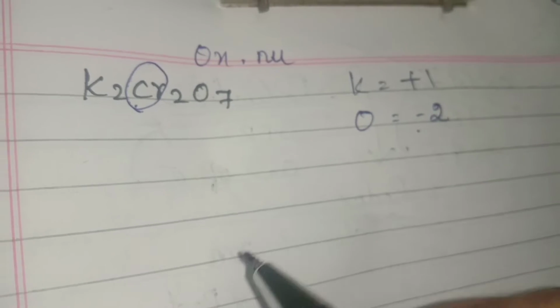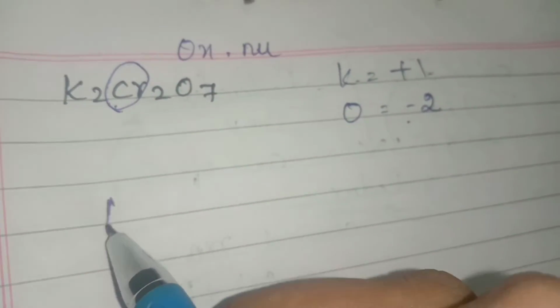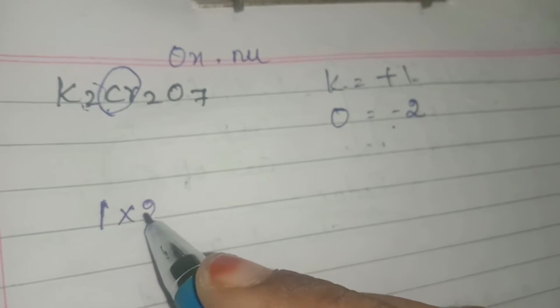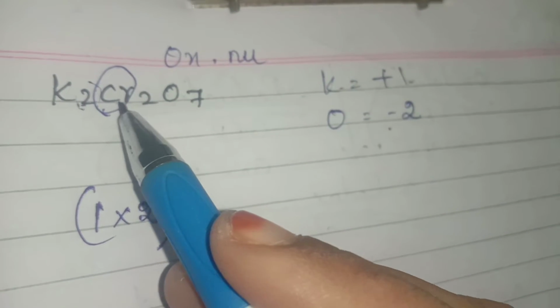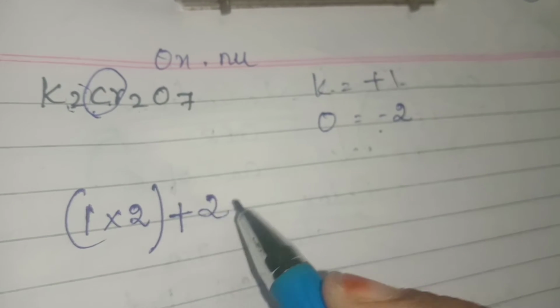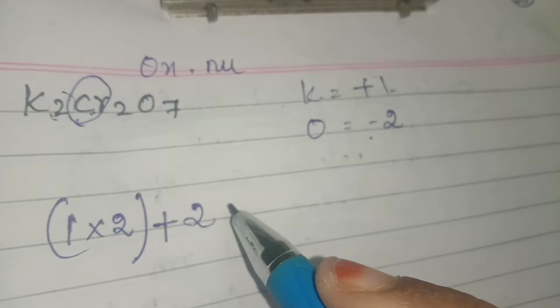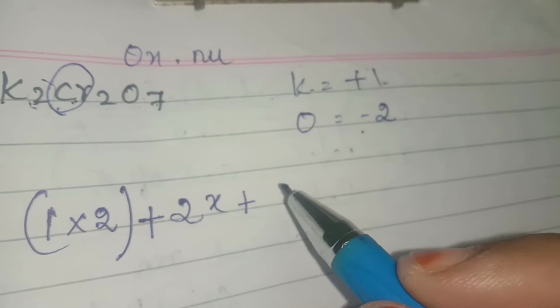Now here what is the value for potassium? +1. So 1. Here how many? 2 is present here. So 1 into 2, plus. Now for chromium we don't know, and 2 is present here. So 2, we don't know the value for chromium, so we are writing the X value here. Plus 7 is present here.